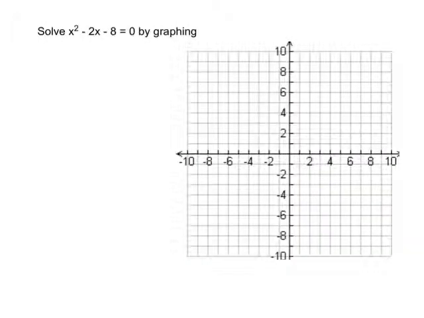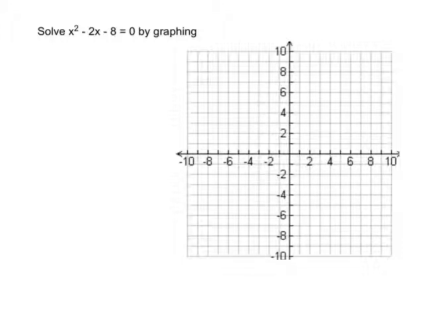So we're going to solve some quadratic equations by graphing. And our first one is x squared minus 2x minus 8 equals 0. And I could choose some points to solve for and plug them in that way. But instead, I can go ahead and find my axis of symmetry, and I want to find that vertex point.